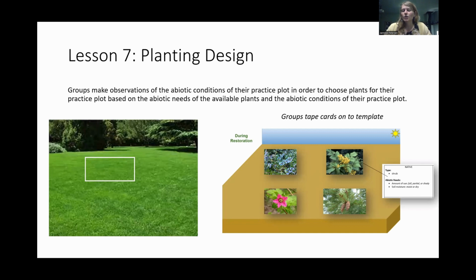And then they're going to use the information on the back of the producer cards that you created for the ecosystem card set to choose plants for their practice plot. And see here they're showing, in their practice plot, and this corresponds to the actual practice plot in the restoration site, they're showing using the cards, they're going to, actually not glue, tape them on to come up with a planting plan.